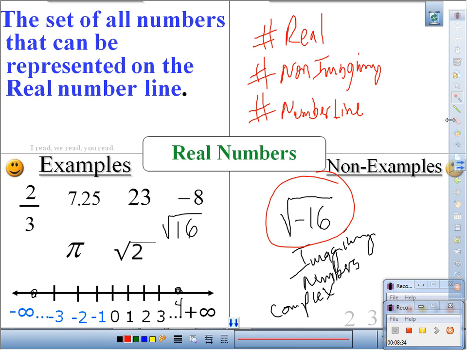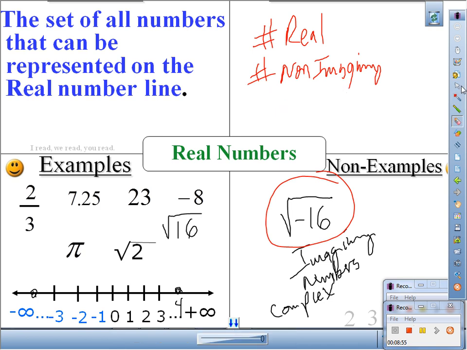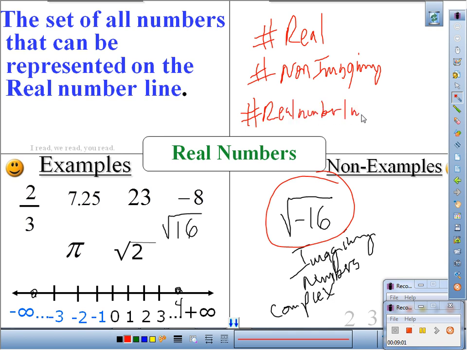Everyone, hashtag real number line. That is correct. So from now on, whenever I'm asking for a definition for real numbers, make sure you write real number line. Because if you just write number line, it could be either imaginary or real. Okay? All right, copy that.